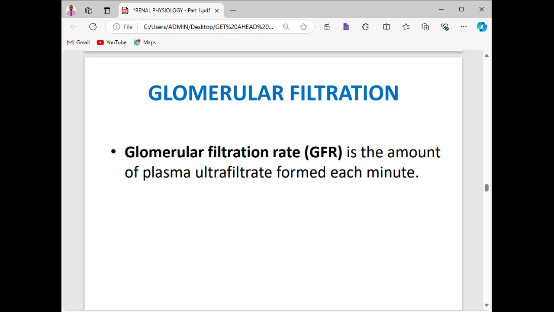The structure of the filtration membrane is well suited for filtration as it is formed of three main layers. Number one, the glomerular capillary membrane. Number two, the basement membrane. Number three, the visceral layer of Bowman capsule.